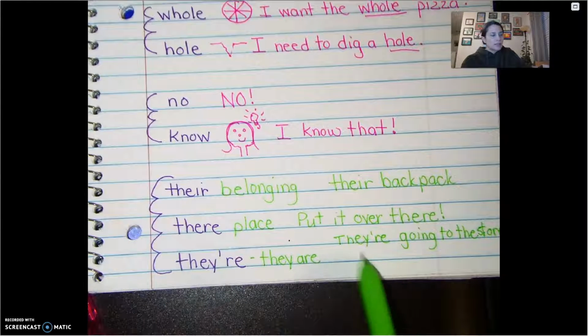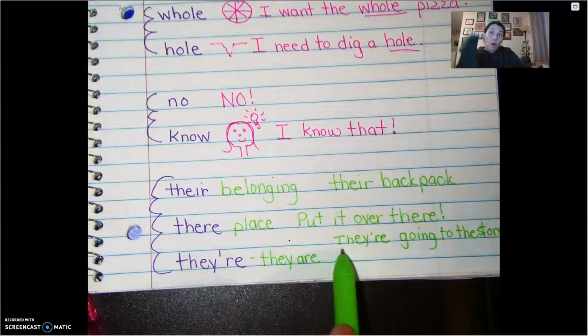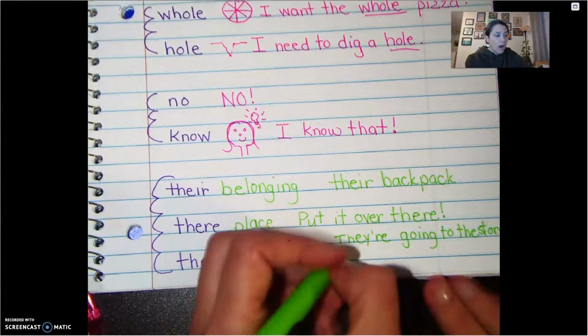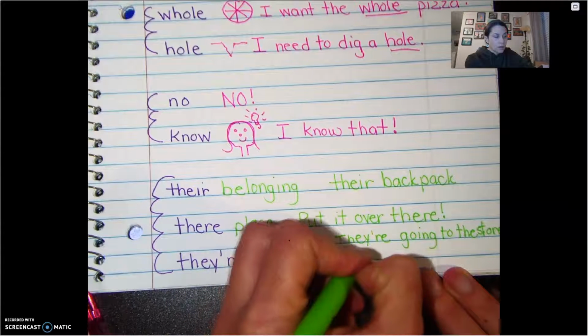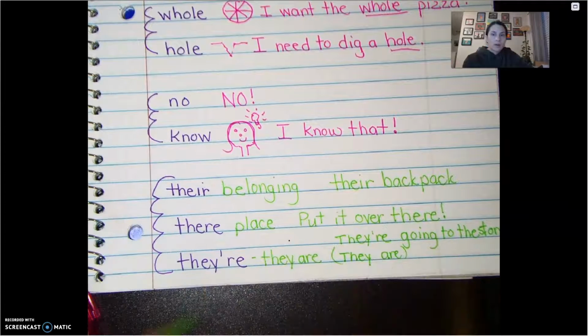So it wouldn't make sense like they're going. Does there belong to going? Is this there like over there? It's they are. They are going to the store.